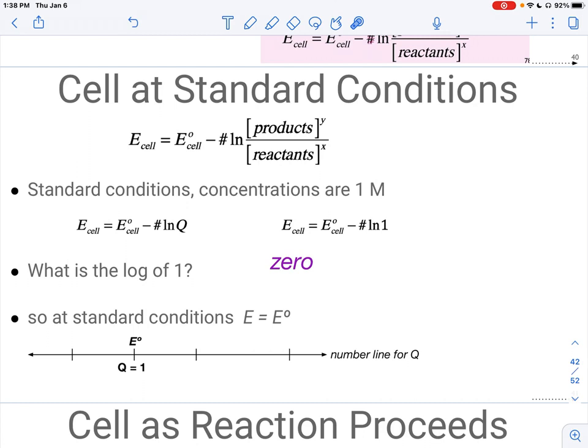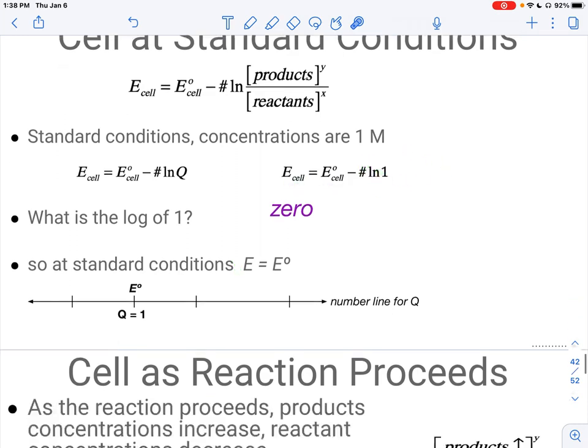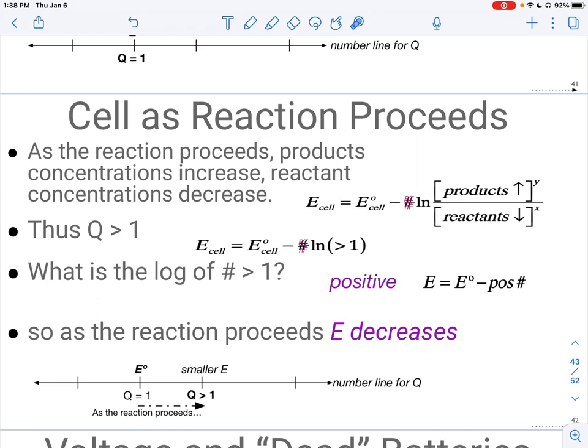The reason we don't have to deal with this at standard conditions is that if they're all 1 molar, ln 1, the natural log of 1, is 0. So at standard conditions, E equals E naught, and we don't need the rest of this. But as the reaction proceeds, they are no longer all going to be 1.